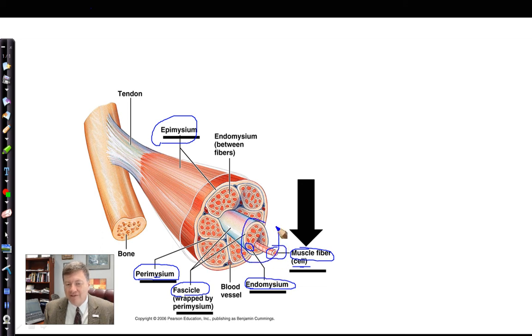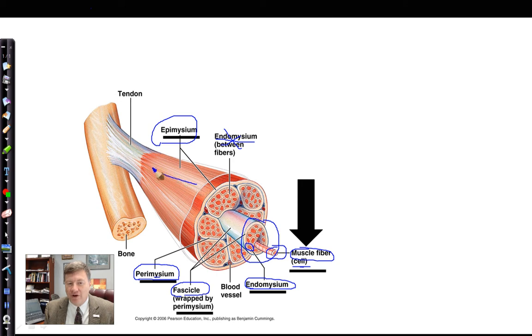My box of wrapped straws is called a fascicle. The box itself would be called the perimysium. And then all of the wrapped fascicles are wrapped in another layer of connective tissue called the epimysium. The epimysium represents this connective tissue that holds everything together.